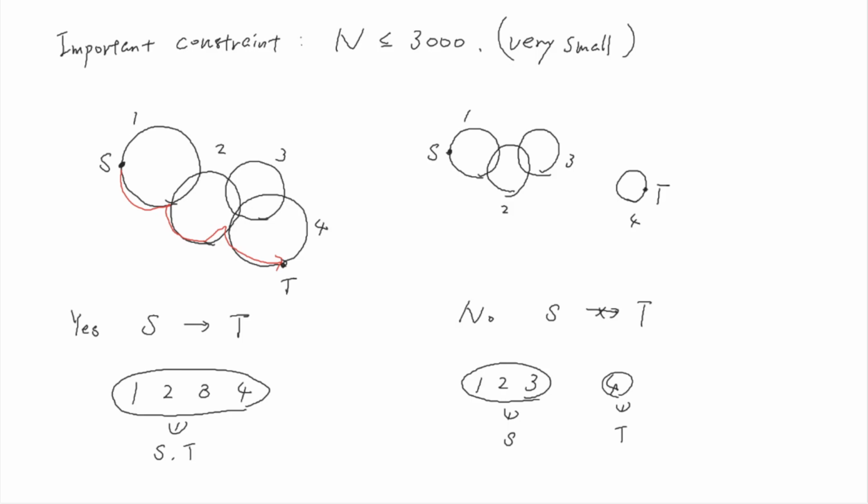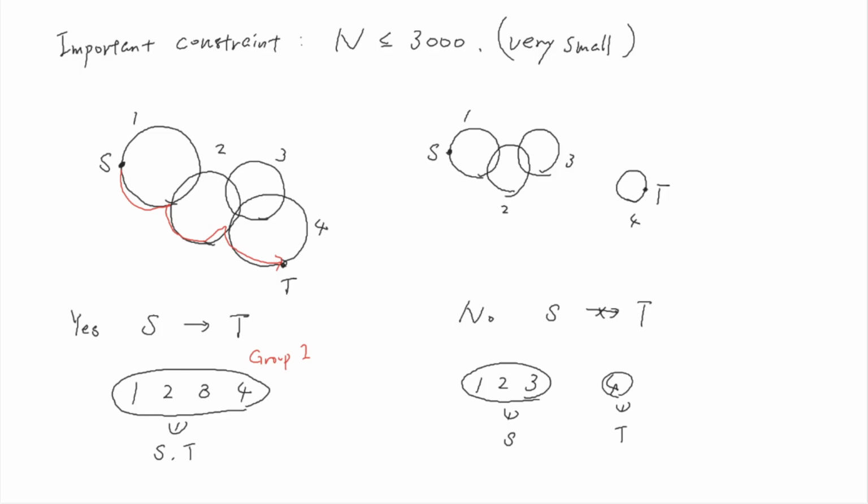So for the first case, the first circle, the second circle, the third circle, and the fourth circle are all grouped together, and S and T belong to this group. I call this group 1. So S and T belong to group 1, so the answer is yes.